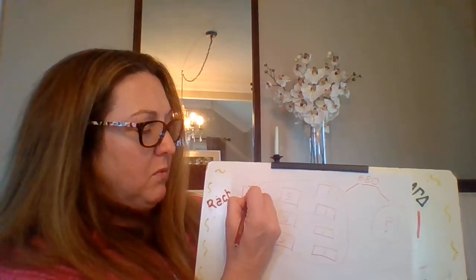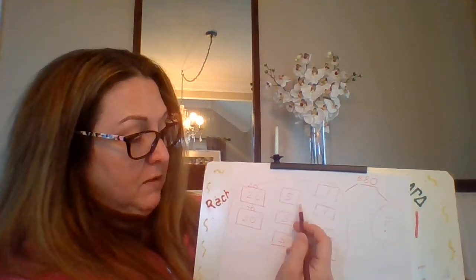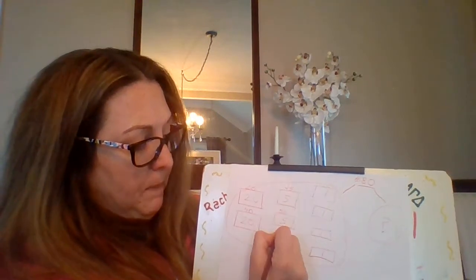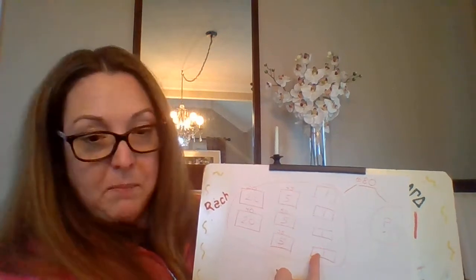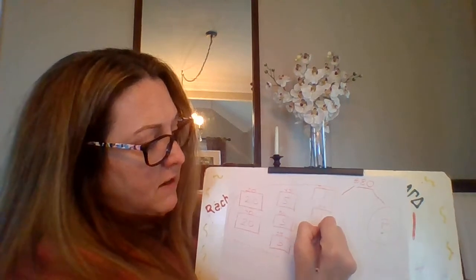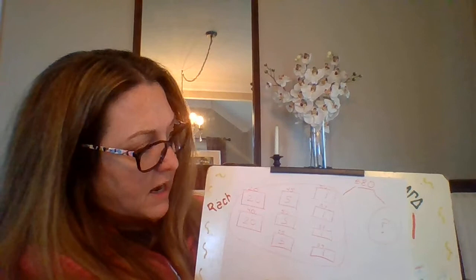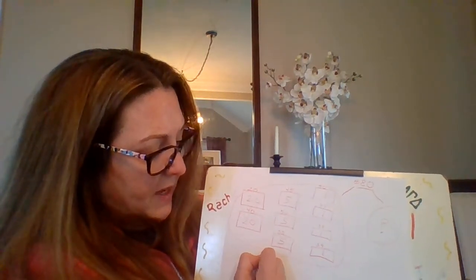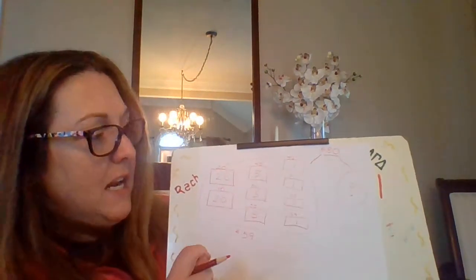So I might say, okay, 20, 40, but now I've got to count by fives. 45, 50, 55, but now I've got to count by ones. 56, 57, 58, 59. Okay, so this is $59. That's how much he spent. That's a nice gift. Okay, but he had 80.